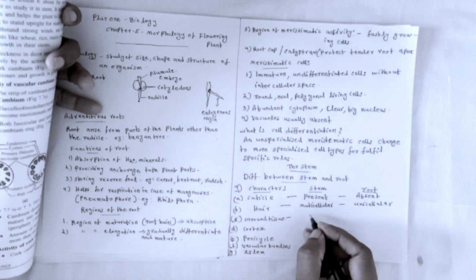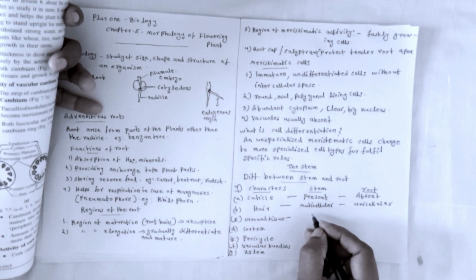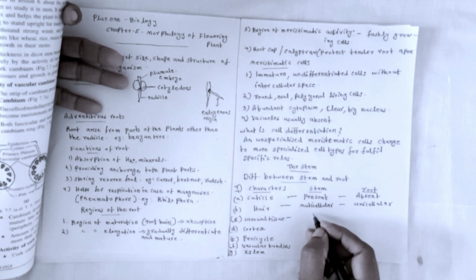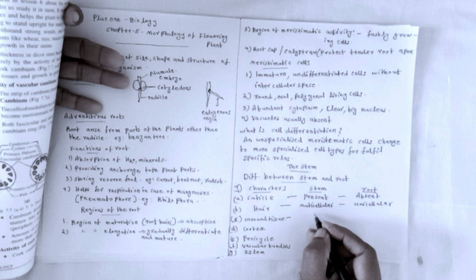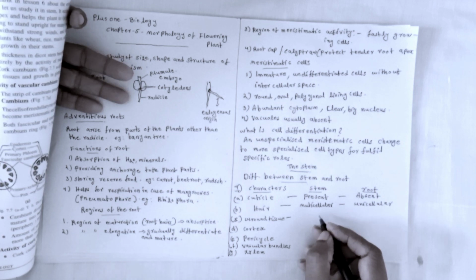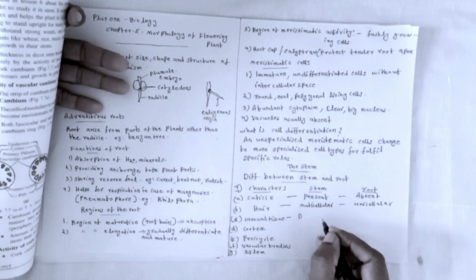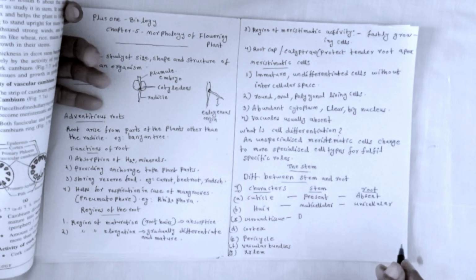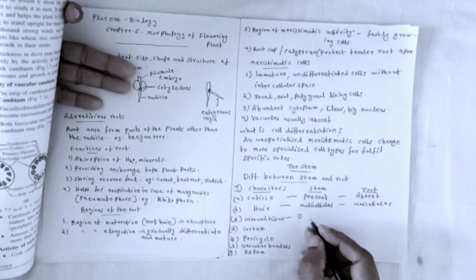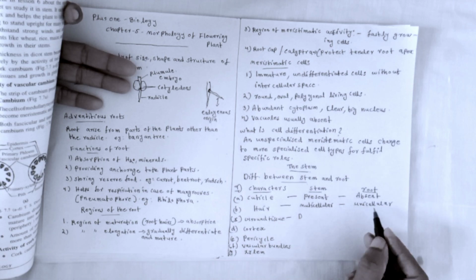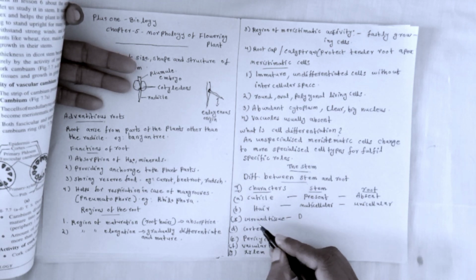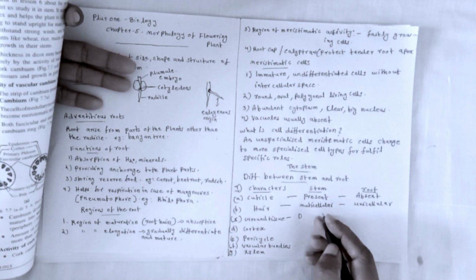Then the ground tissue of stem is differentiated into outer epidermis, then cortex and stellar region. In both cases, the ground tissues are differentiated.